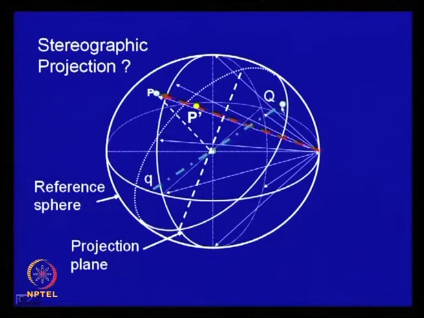We draw a line, join this point Q with the center, and extend it to meet the other half of the reference sphere. So, this is the diametrically opposite point, and we call it small q, and project this onto the projection plane and represent it by an open circle, not a filled-in circle, which signifies this is a point in this hemisphere.